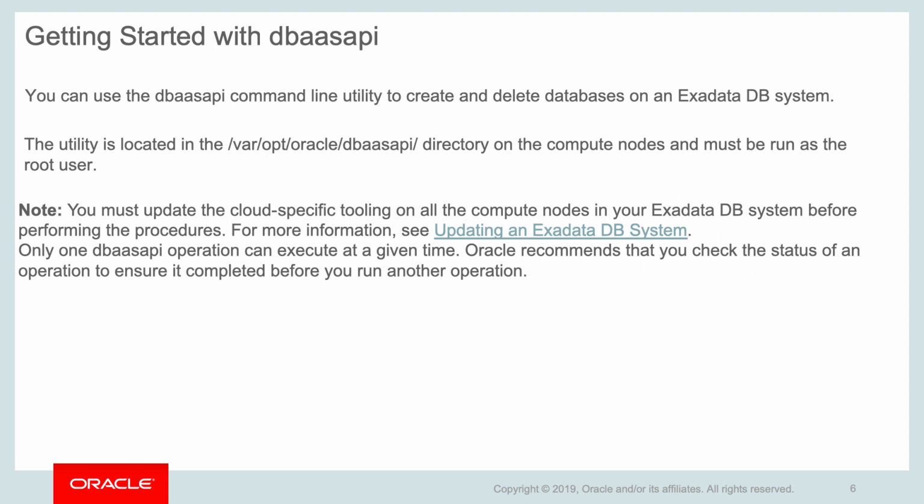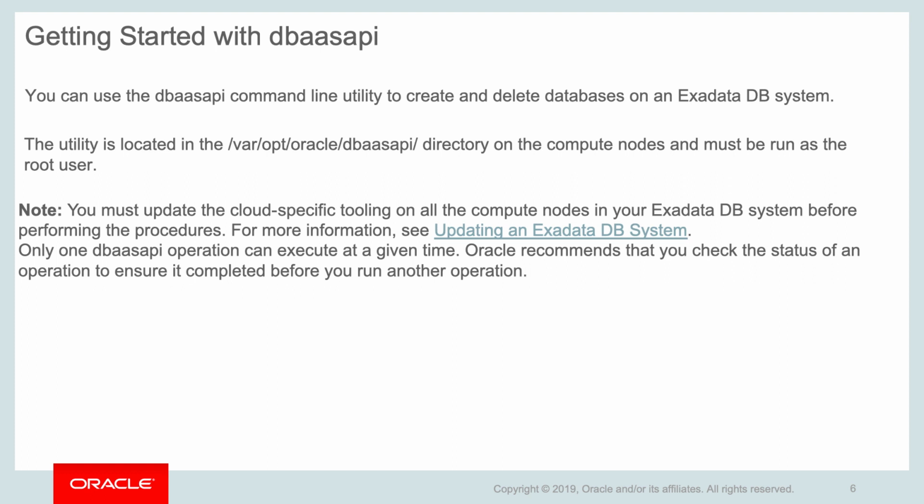And if you want to learn more about how to update the Exadata database system, the link can take you there. There are several ways to update this tooling. Using DBAAS commands, the DBAAS CLI, you can do that, or you can also use the exadbcpatchmulti command.